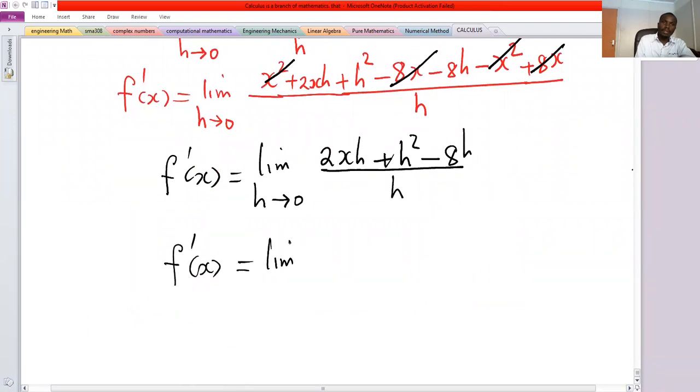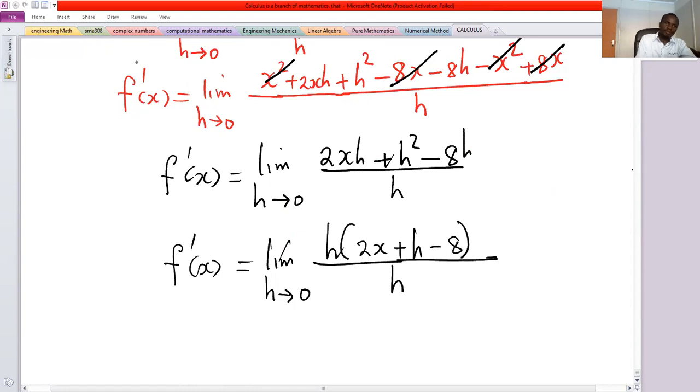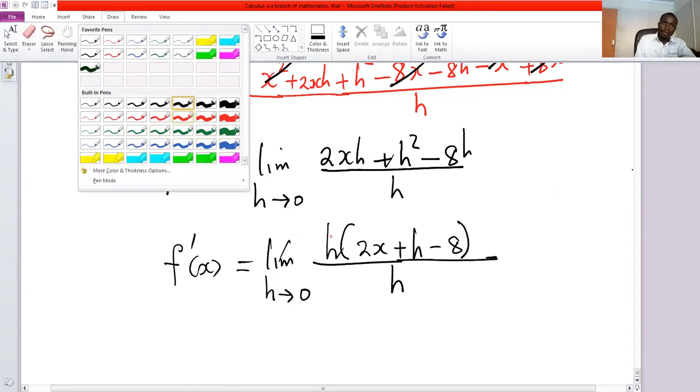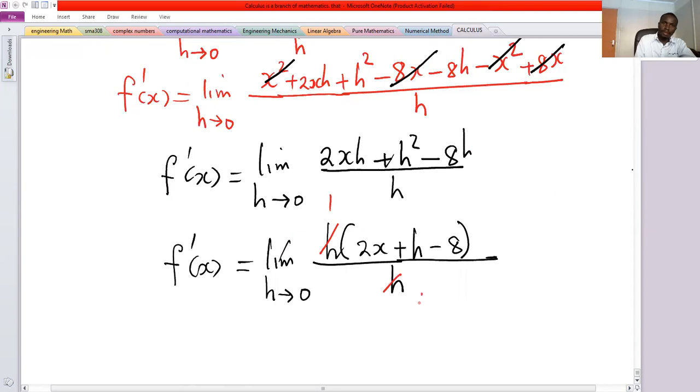So the limit as h approaches 0 of h into 2x plus h minus 8, divided by h. Now h and h cancel out. So I'll have f prime of x equals the limit as h approaches 0 of 2x plus h minus 8.